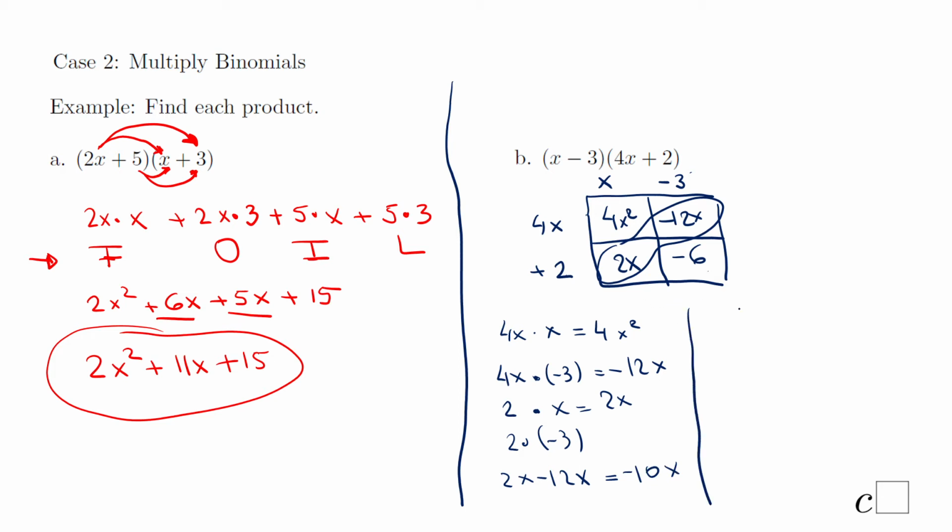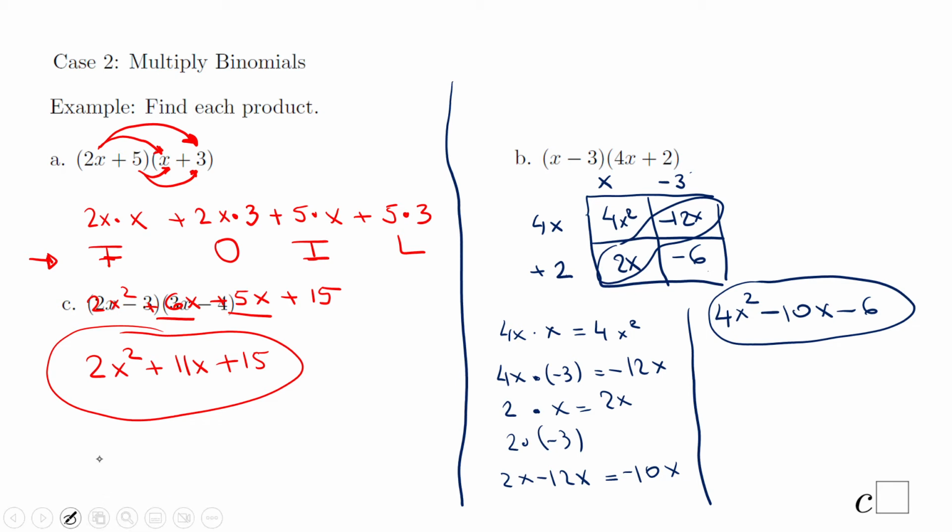Now let's put the answer: 4x squared minus 10x minus 6. You can use FOIL and check if you get the same answer. That will be a good way to see how the generic rectangle or FOIL works. I like both methods, but I like the generic rectangle a lot when I have a large polynomial.